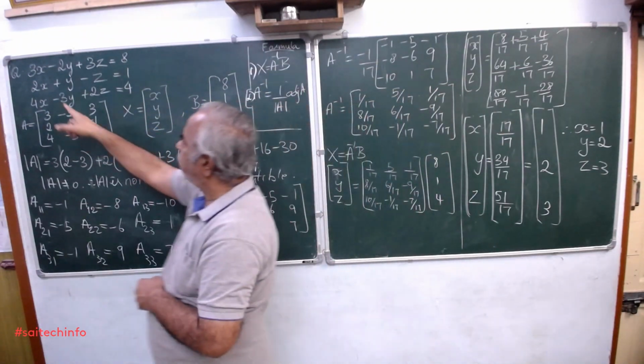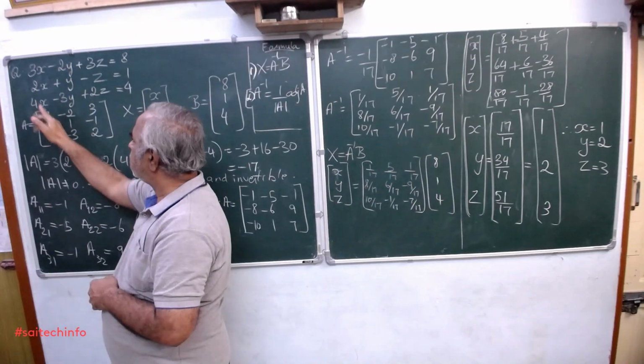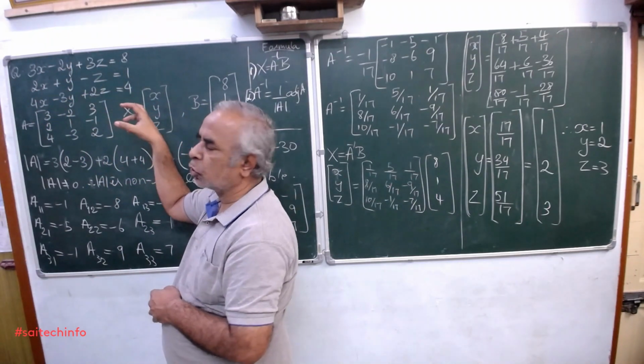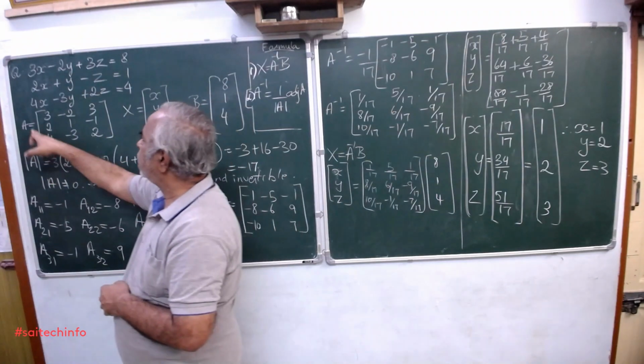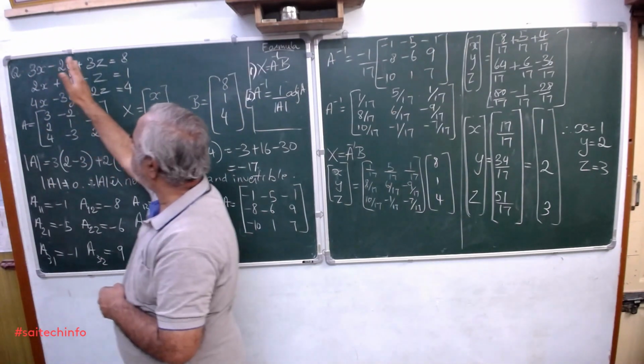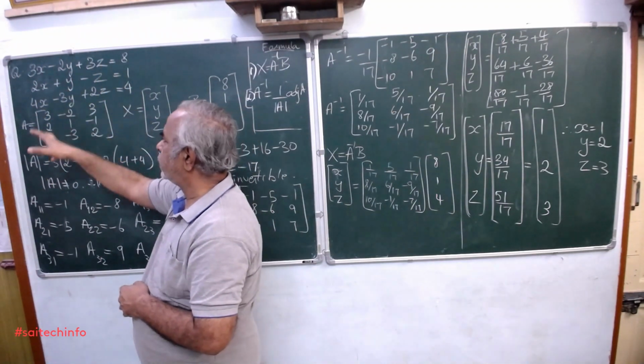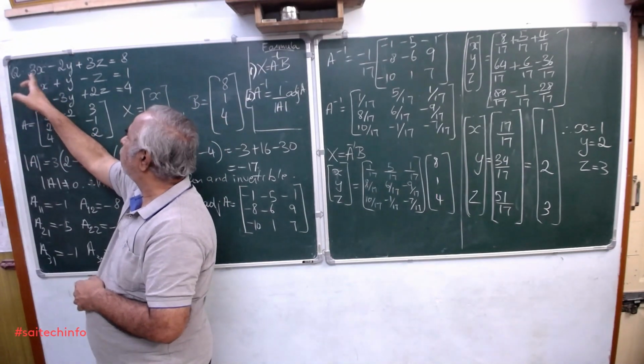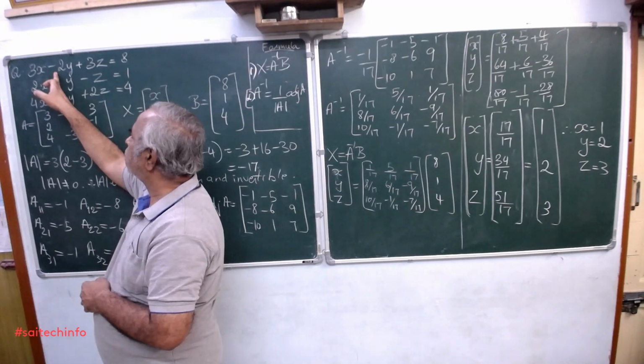Now we have to separate these equations into the coefficients and the x, y, z variables. In this case, I have taken all the coefficients of x, y, z. For example, what is the coefficient of x? 3. The coefficient of y in the first equation is minus 2.